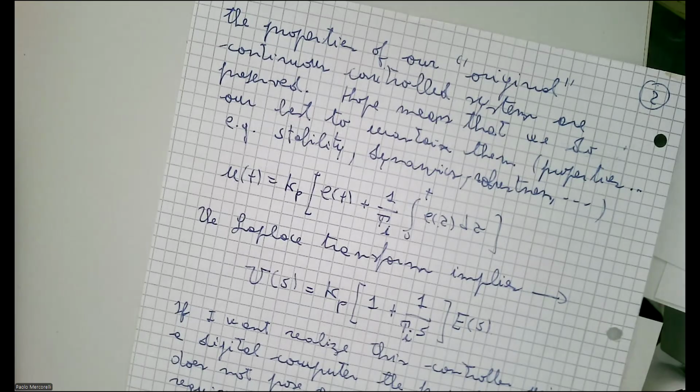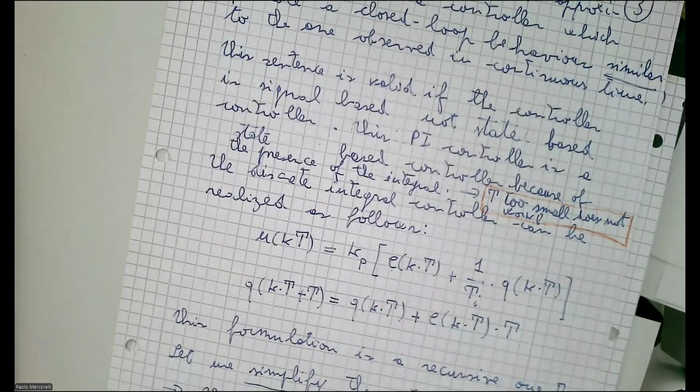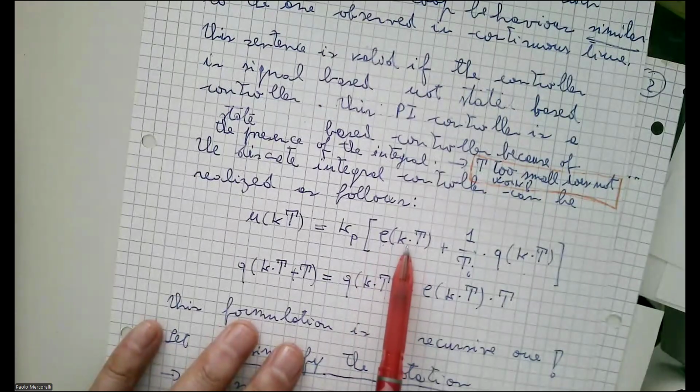Let me show you now what we can do for the PI. Here we don't need to do anything because T is equal to K multiplied by T. I already told you.